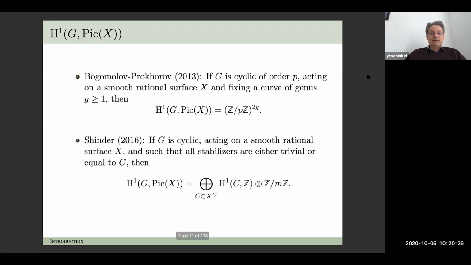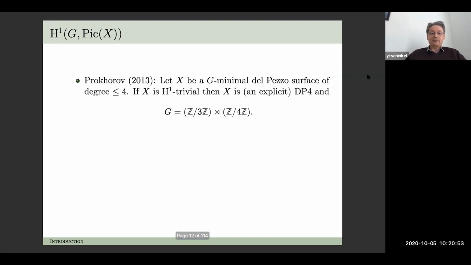So there is a generalization of this result to cyclic actions, not necessarily of prime order, but under the assumption that all stabilizers are either trivial or the full group G. And then indeed H^1(G, Pic) is computed by summing over all curves of positive genus occurring in the fixed point locus of the G action.